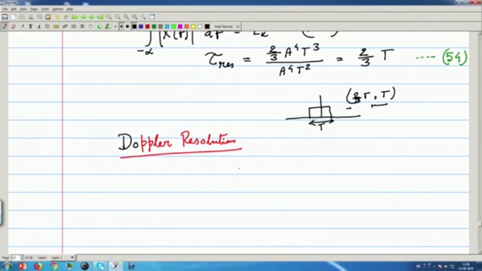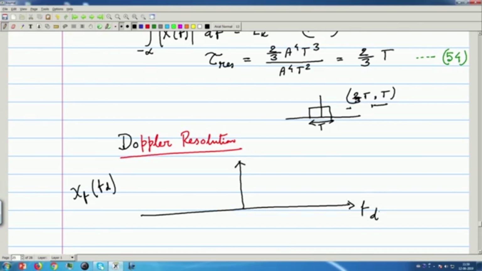So, again the similar concept. Ideally, except at FD equal to 0, the function should be peaky or impulse about FD equal to 0, and in all other places it should go to 0, but it does not happen.